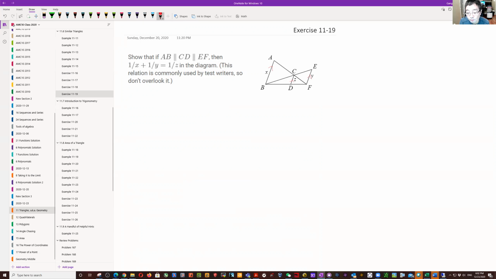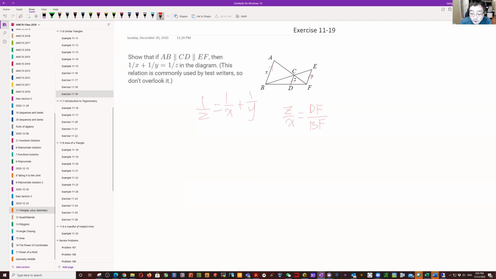So the fun part is that 1 over Z is actually equal to 1 over X plus 1 over Y. And why? Because it's actually quite easy to prove. Because this little triangle and this bigger triangle are similar, Z over X is equal to DF over BF.